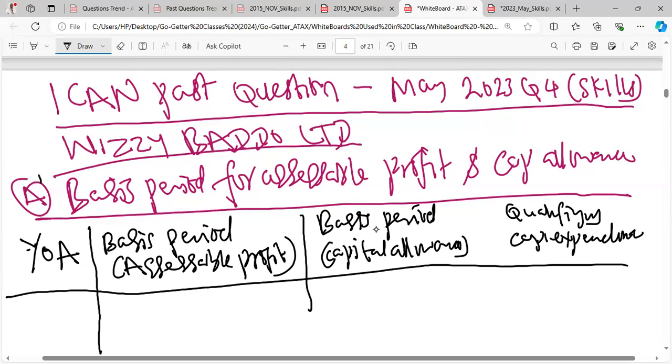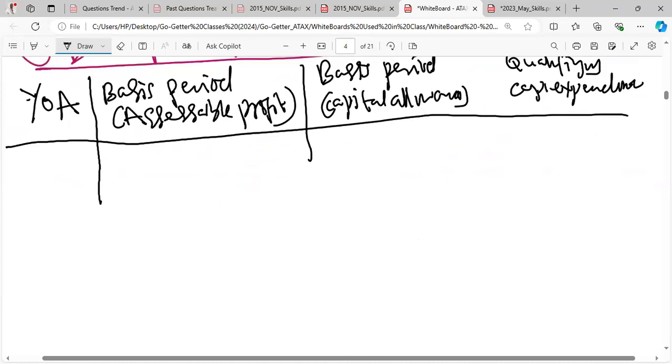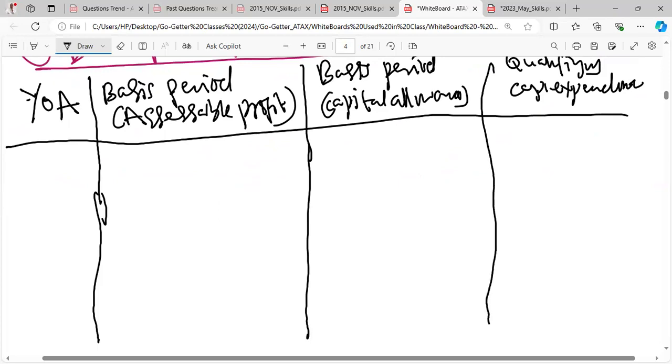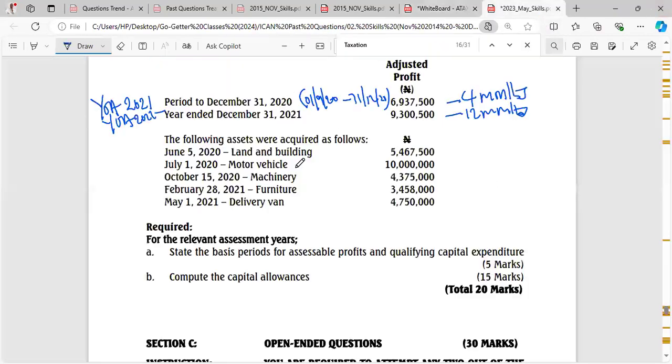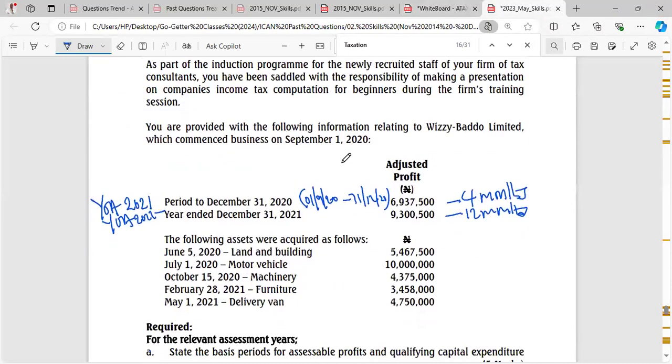We'll bring it down, down, down. I must let you know that this is for the new tax rule, from Finance Act 2019 upward, because here the company commenced in 2020.